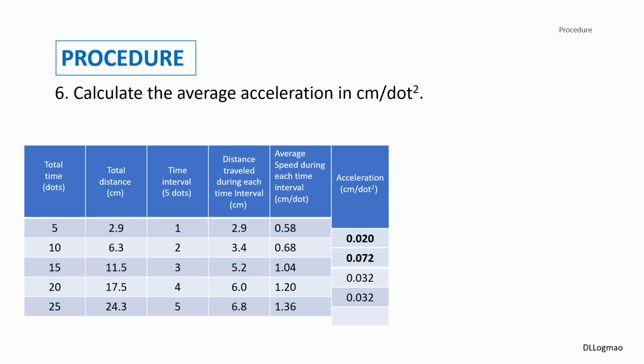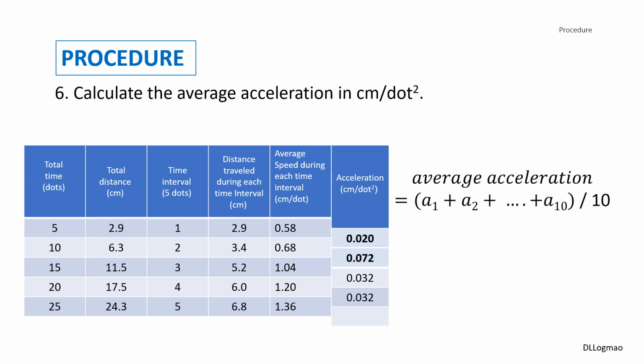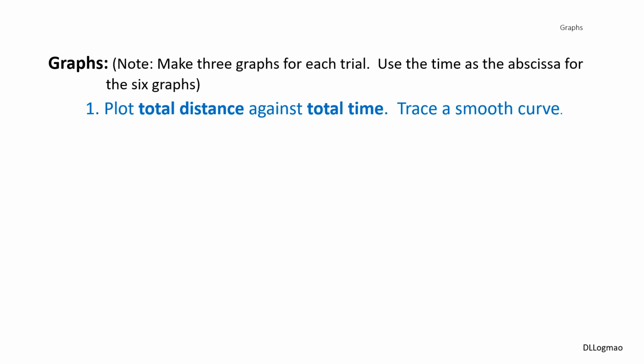After calculating all the accelerations and completing the column for acceleration, calculate the average acceleration in centimeter per dot squared for this trial. The average acceleration is equal to the sum of all accelerations, 1 to 10, divided by 10. Record the average acceleration on the table. All of these computations you have to do for the two trials in this experiment.